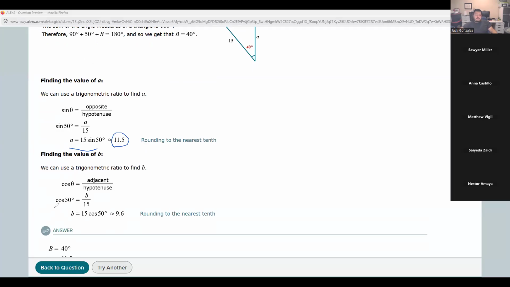Then they went a different route and said, you know what? We already have an exact whole number and angle, so we're going to use cosine instead of tangent because this wasn't rounded. So this was better accuracy, but it turns out we both got 9.6, so it doesn't matter. They said cosine of 50 is equal to b over the hypotenuse, solve for b. So any questions on how we or they did it?